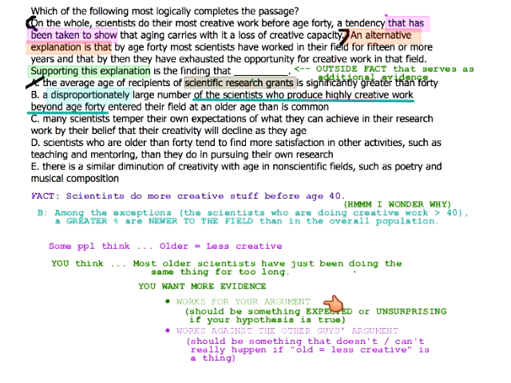So let's think about that. Does that work for my argument? Well, absolutely it does. Right?